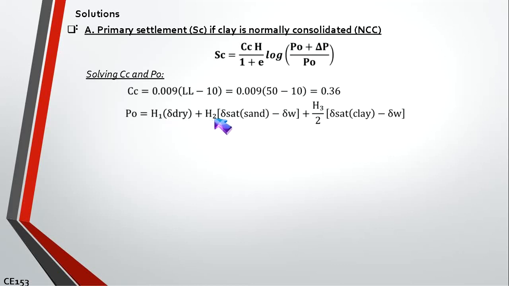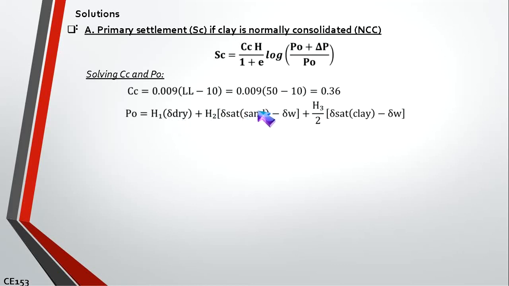For H2, the saturated unit weight of sand is also given. We use saturated since the sand is below the groundwater, and dry for the sand just above the groundwater.